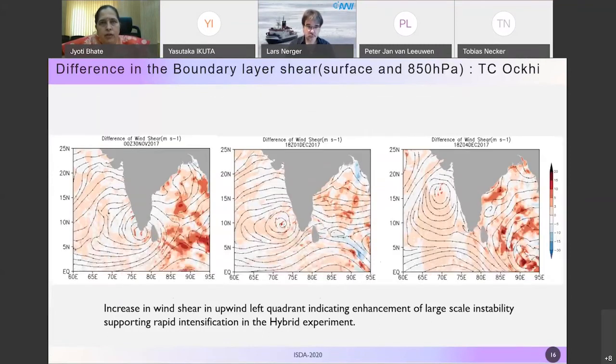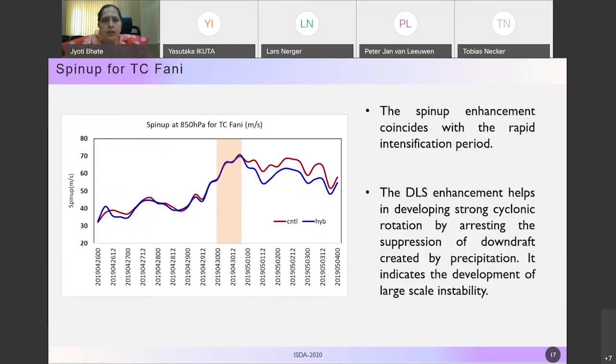A similar thing we calculated for the tropical cyclone Oki, during the intensification stage, which was near the southern tip of India. We can see there is an increase in the wind shear in the eyewall region, which improves the large-scale instability of the cyclone.